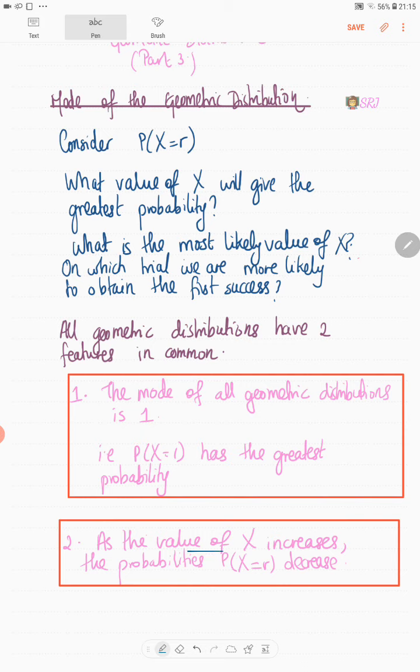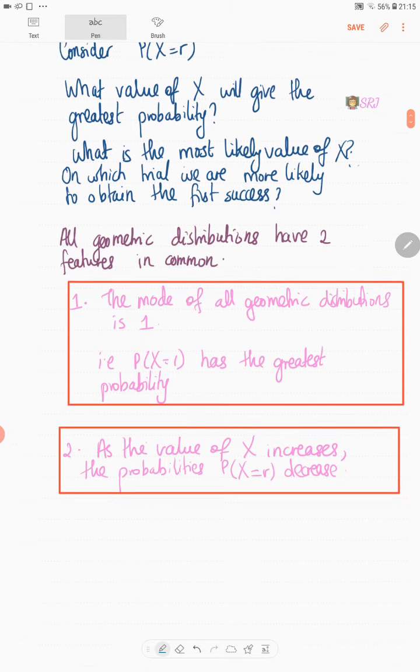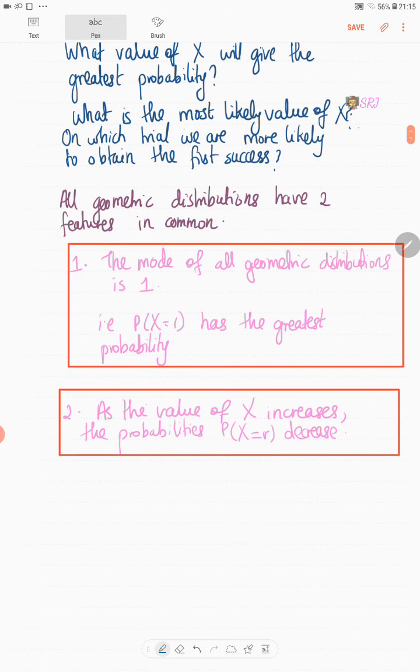It is quite simple to show these two results by considering the formula to calculate probabilities for a geometric distribution. So this is the proof.